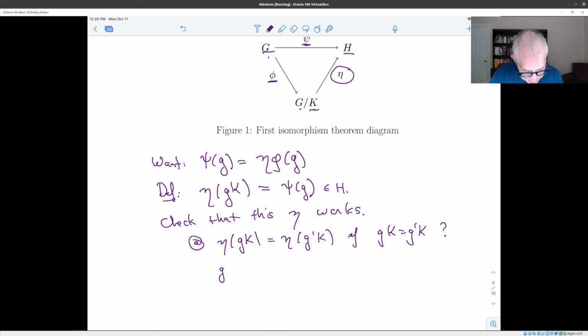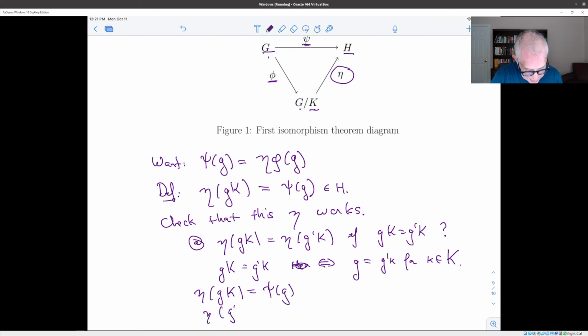Well, if gk equals g prime k, then that's if and only if, by the famous proposition 6.3 that everybody proved in the homework, that g equals g prime k for some k in K. And if that's the case, then eta of gk is psi of g, and eta of g prime k is psi of g prime, but psi of g is psi of g prime k, and psi is a homomorphism, so that's psi of g prime psi of k, but psi of k is the identity, because k is in the kernel of psi.